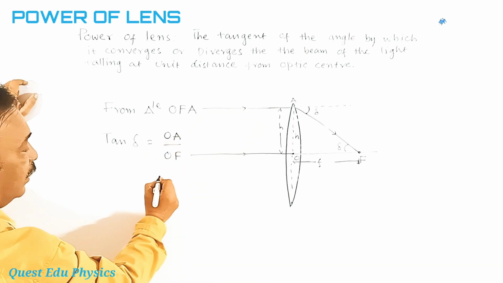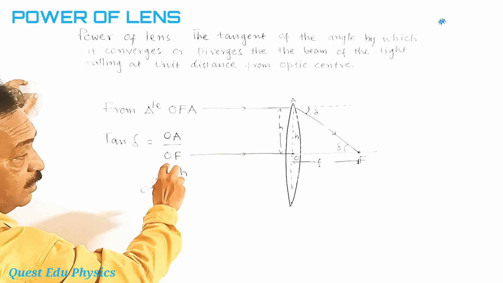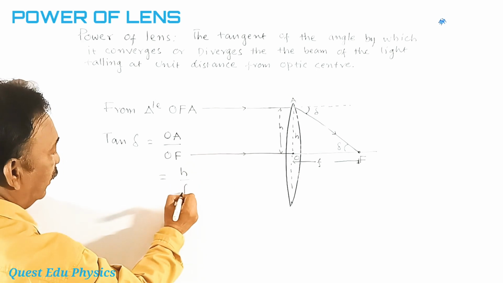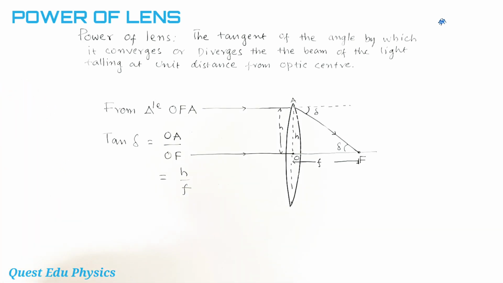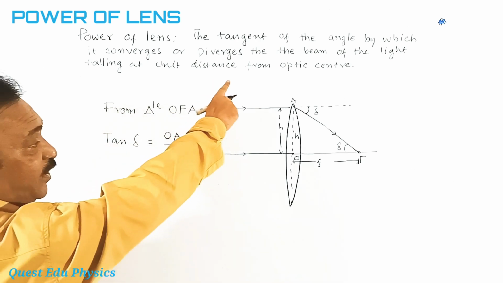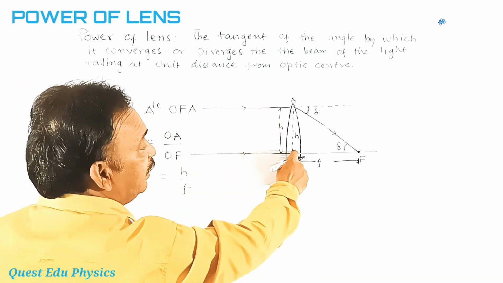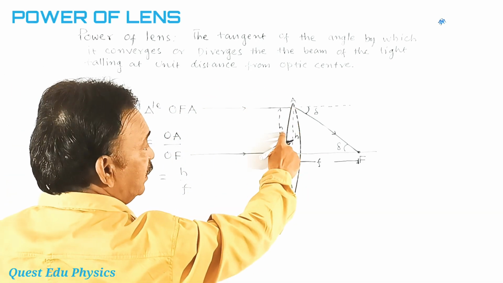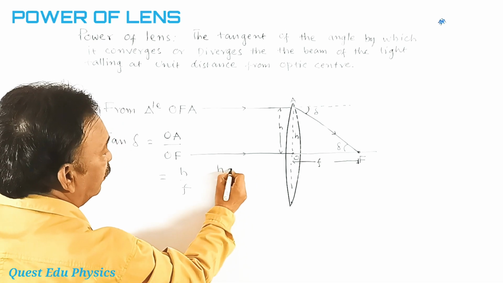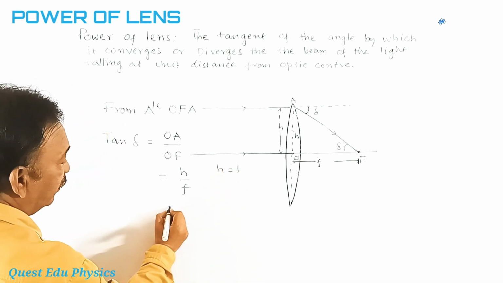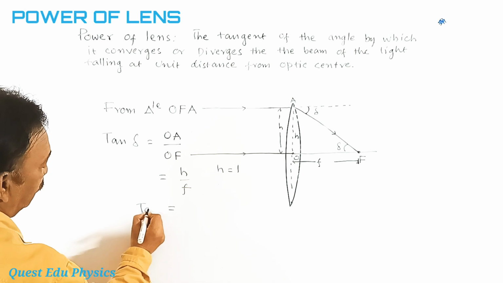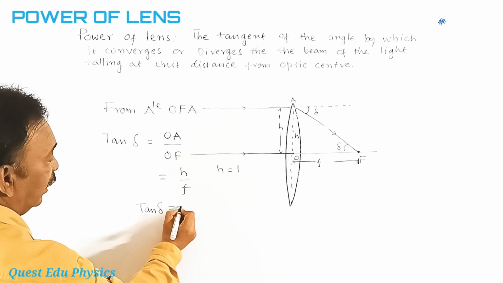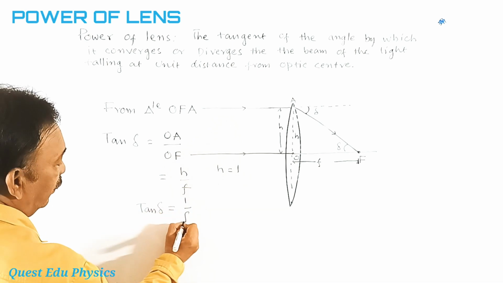Here OA is equal to h and OF is equal to f, students. In the definition, unit distance is said. That means the h value is equal to 1. Then what we have? Tan delta is equal to 1 by f.